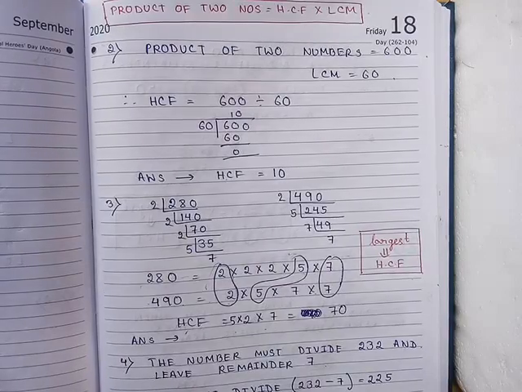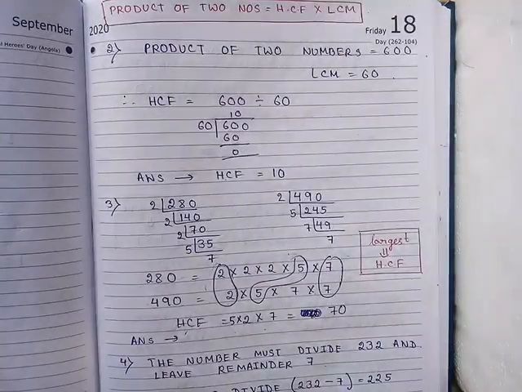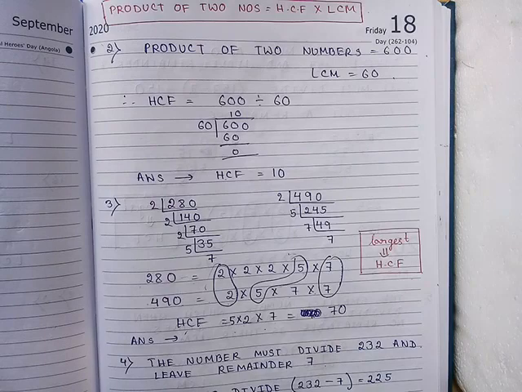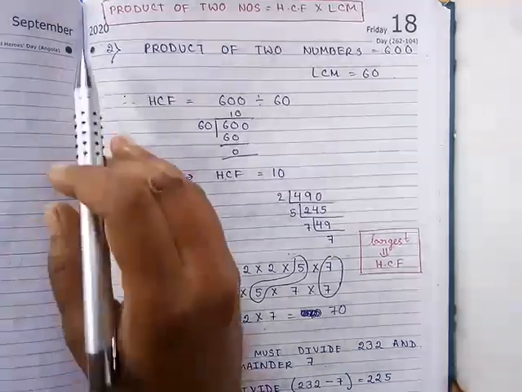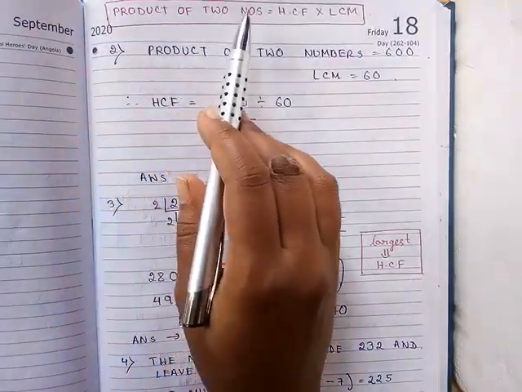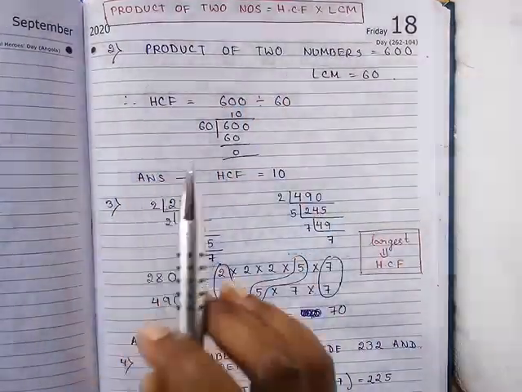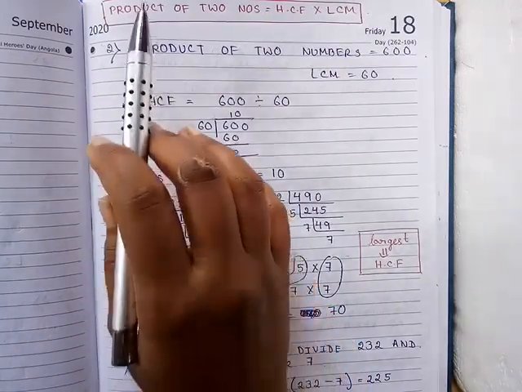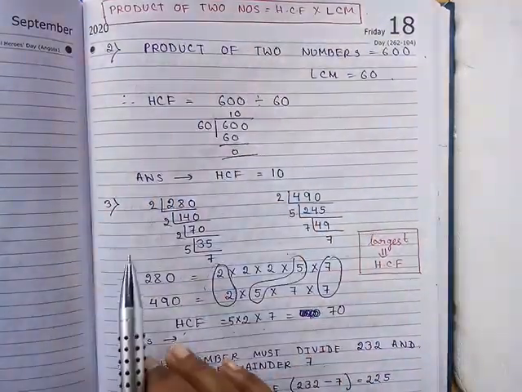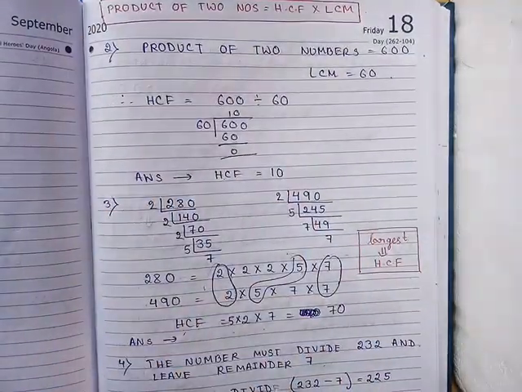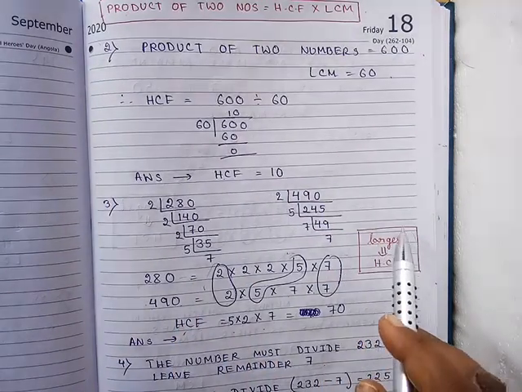And in exercise 5.5, there are basically 3 types of questions. One type is where I am applying this formula: product of two numbers equals HCF into LCM. Sums number 1 and 2 depend on this formula. And sums number 3 and 4, here I am using the term largest number.